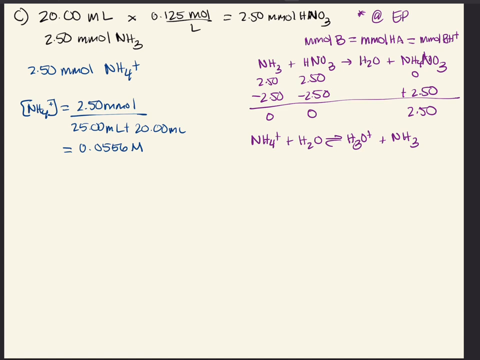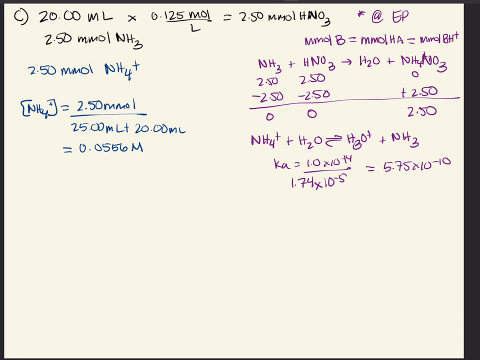So I can also calculate Ka, which is just Kw divided by Kb. Which is 1.74 times 10 to the negative 5. And when I do that, I get 5.75 times 10 to the negative 10.